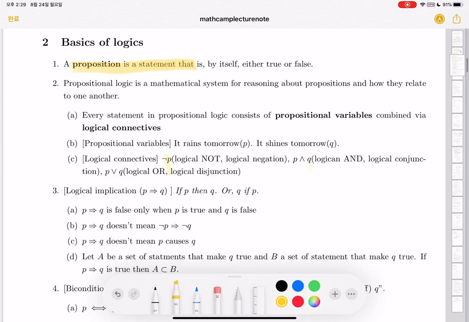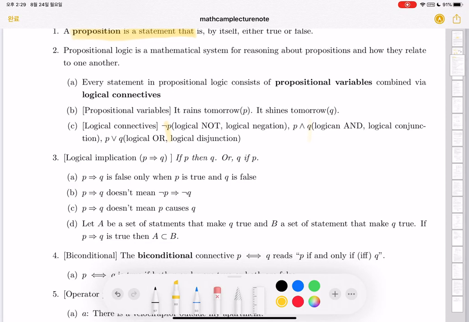We are going to use the following notations. This part is the negation, so not, and we read this not P or negation of P, and this triangular shape is AND, so it's P and Q. This upside down triangular shape is OR, so this is P or Q. AND operation is called logical conjunction, OR operation is logical disjunction.